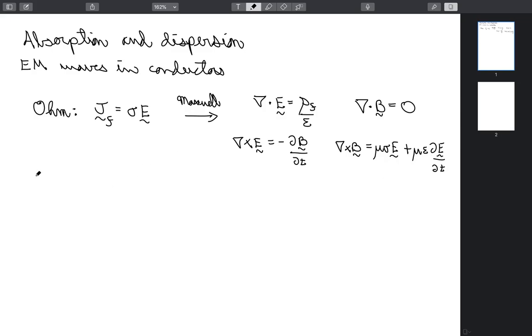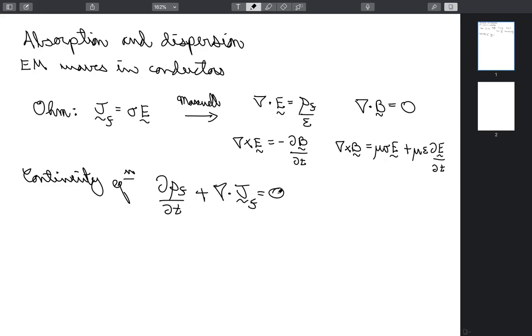Now, we have, as usual, the continuity equation, which, for the free charge, just means that the time derivative of the free charge density plus the divergence of the free current must vanish. It's just conservation of free charge.